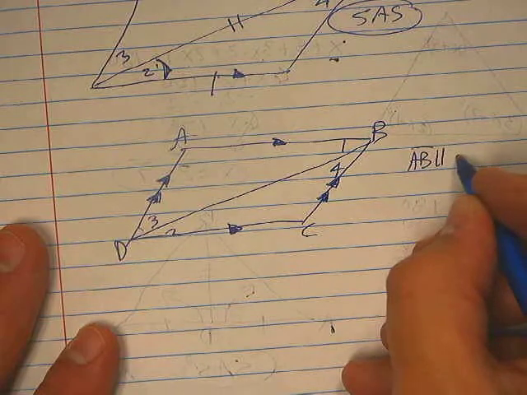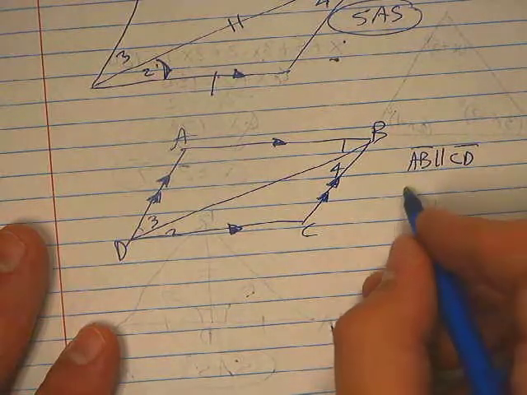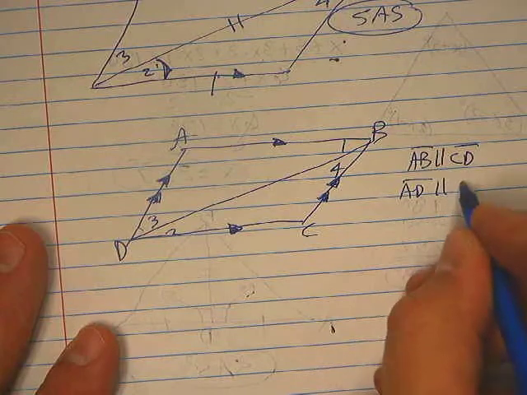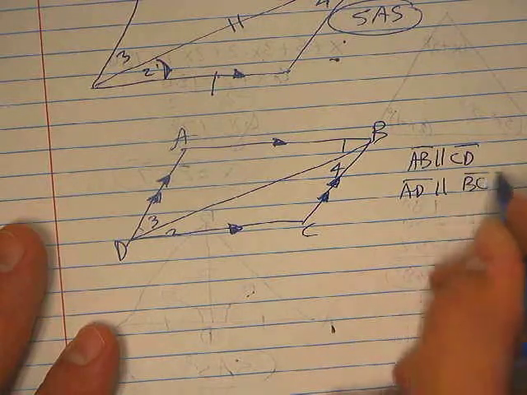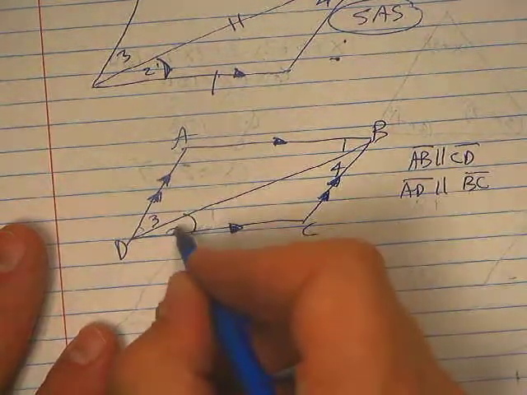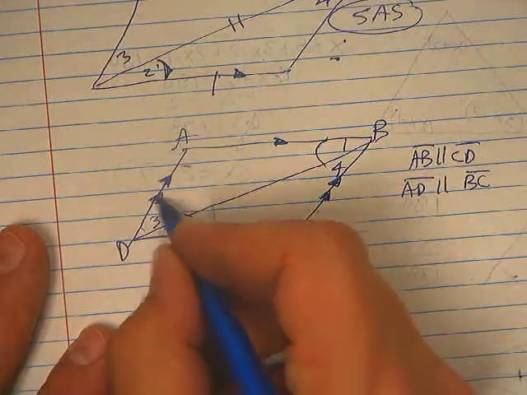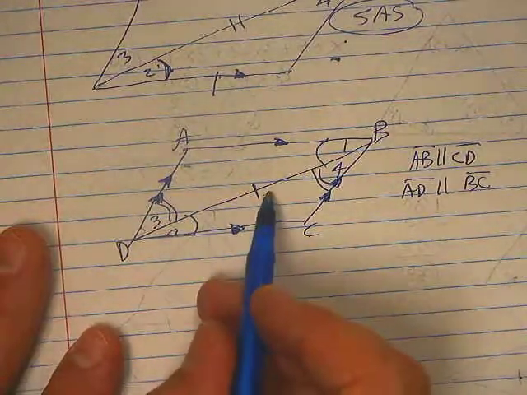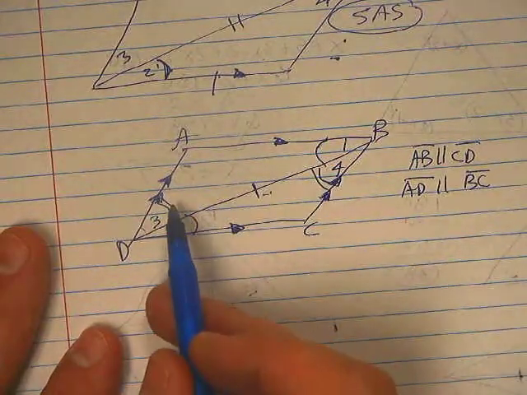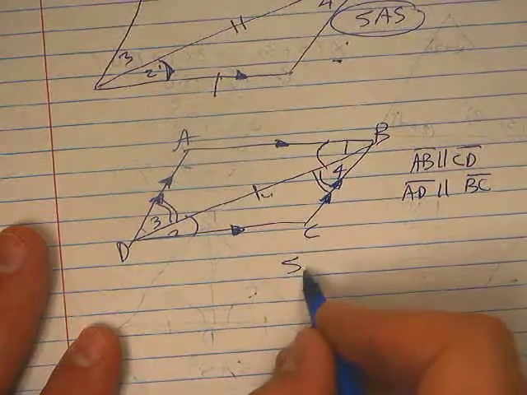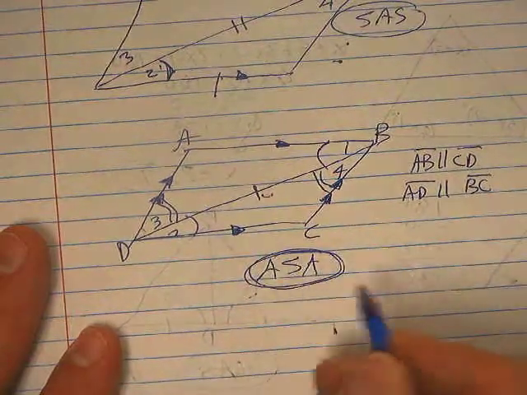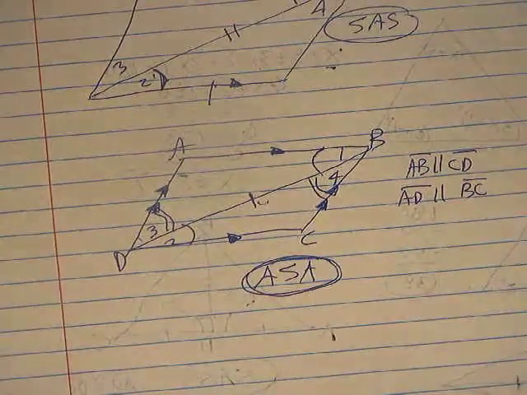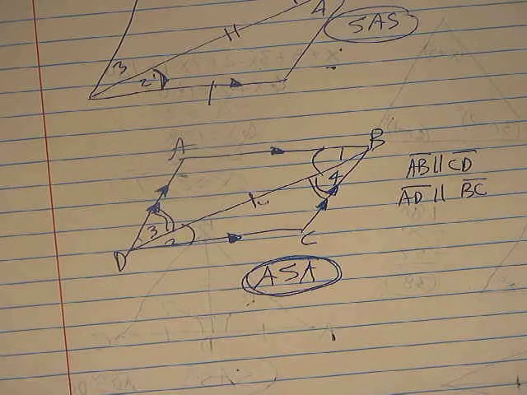Now remember, I can write parallel with these triangles like this, or I could say AB is parallel to CD, and I could say AD is parallel to BC. Now if that's the case, I have alternate interior angles congruent, actually two sets of alternate interior angles congruent, and the reflexive property in the middle, so that they share the side, so it's going to be angle, side, angle, ASA.